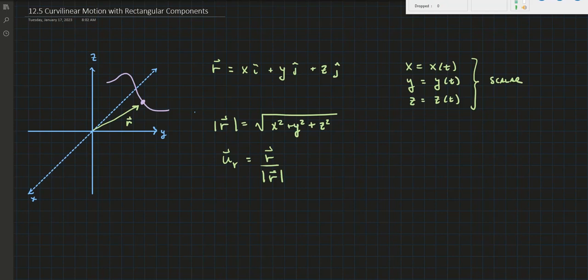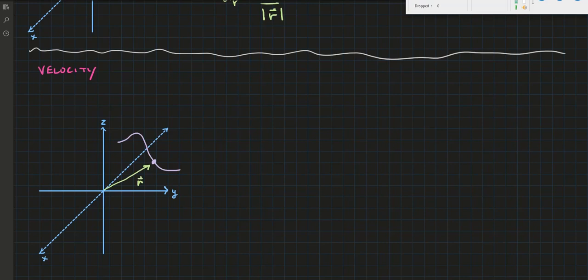So this will give us a magnitude and a direction of that vector if we need it. And this is how we'll define our position in rectangular coordinates. So we have our position along our path.